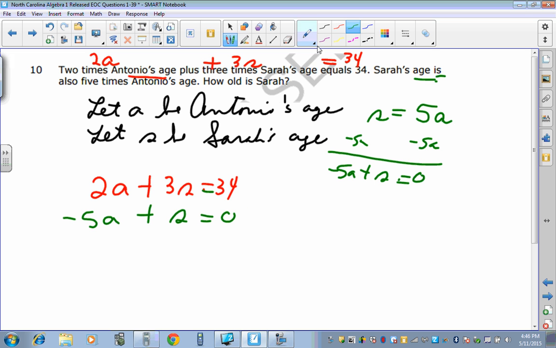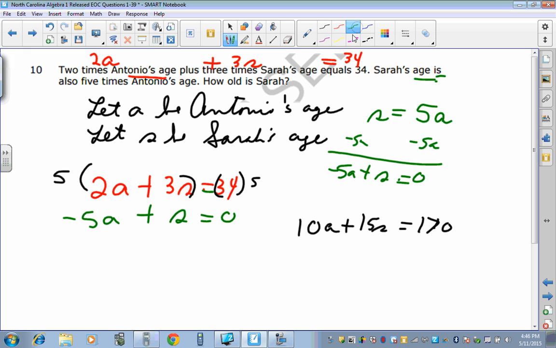I want Sarah's age, so I'm going to eliminate Antonio totally. Positive 2 times negative 5 is negative 10. If the coefficient of A is positive 10 and the other is negative 10, we can cancel that out. So let's multiply the top equation times positive 5. That gives you 10A plus 15S equal to 170.